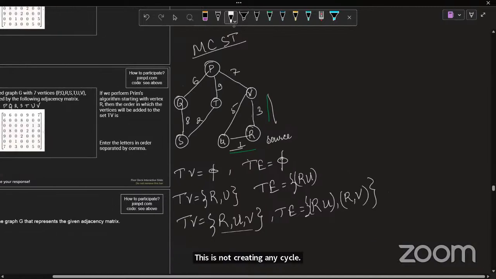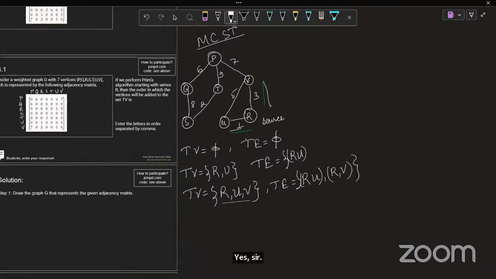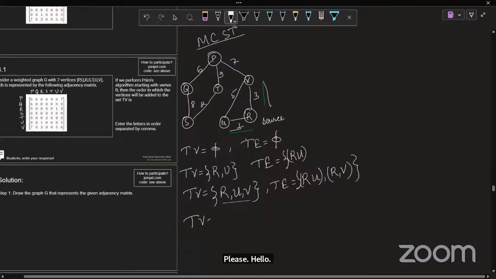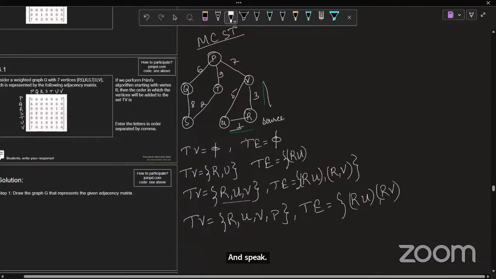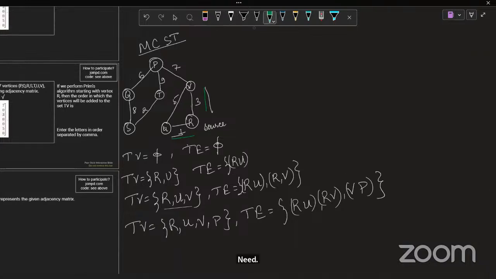Okay. Yes, sir. And then which vertex do we have to choose? P, sir. From V there is only one, this one, right? VP. So TV is equal to R, U, V and P. So this one is also done.